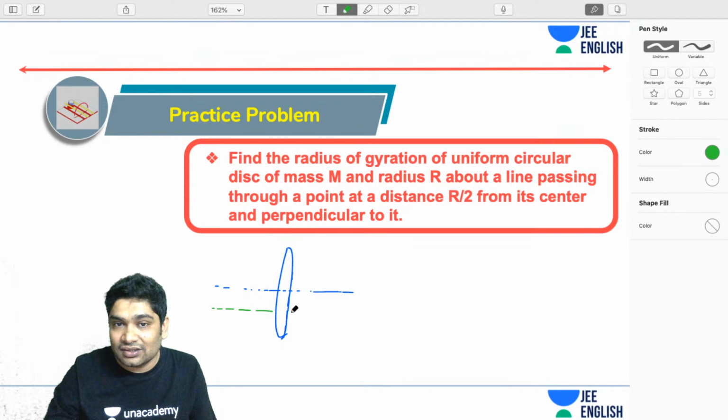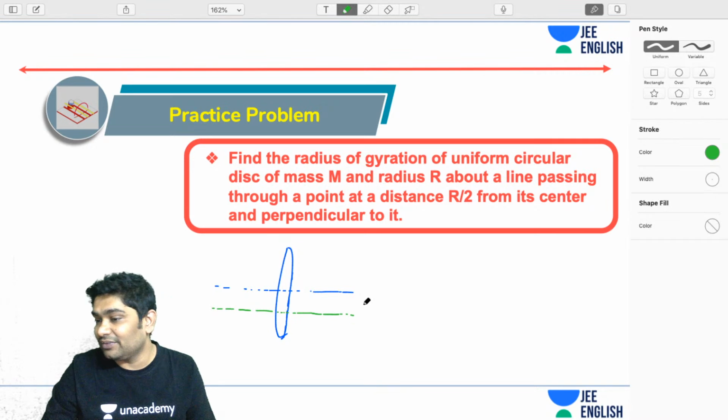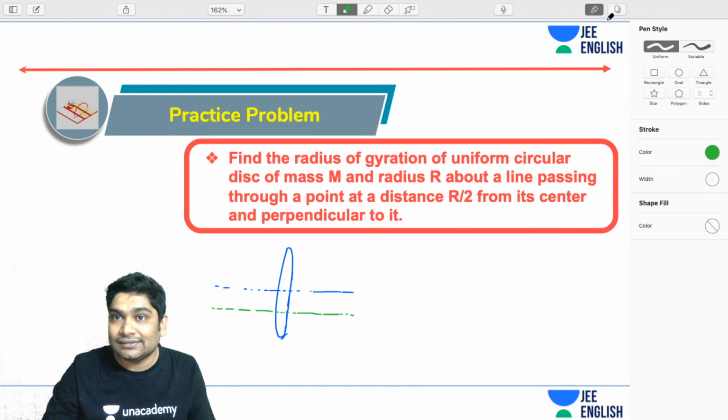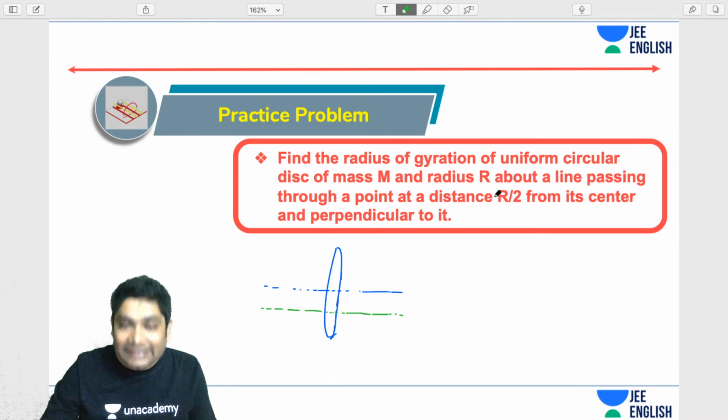This is AA dash, about which I want to find the radius of gyration.